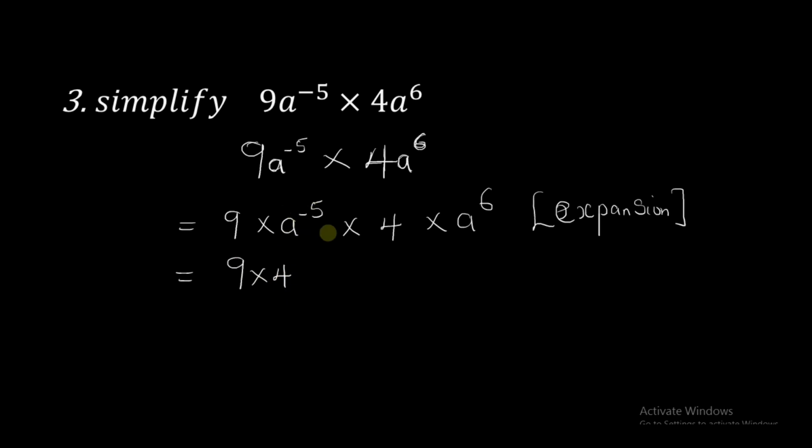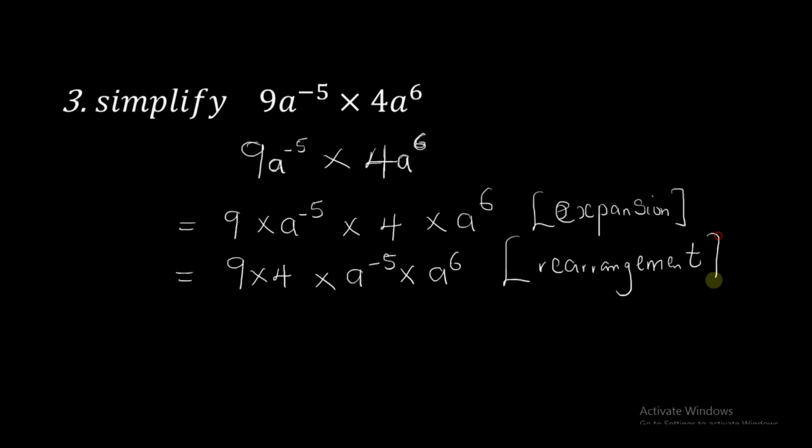Then we have the index numbers: a raised to the power of minus 5 times a raised to the power of 6. So what we did here was rearrangement, or collection of like terms. Numbers go to numbers, index numbers go to index numbers. So 9 times 4 will give you 36.